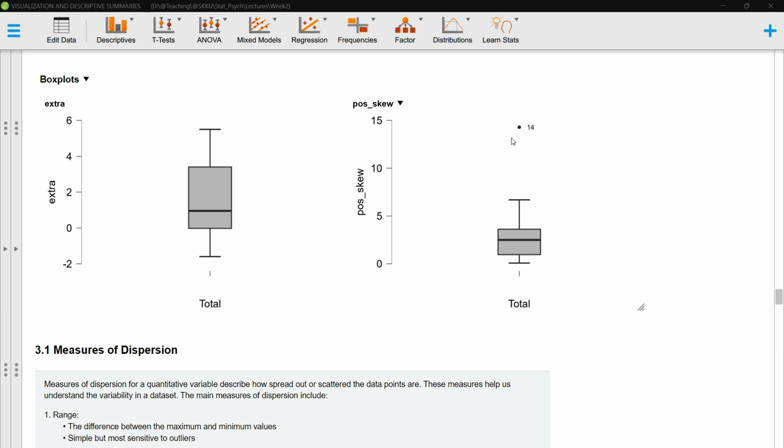Okay? And except this one, the maximum value of the remaining observations is this amount, and this value is within the range of 1.5 times the IQR from this edge. Okay? So we only have one outlier in this case.